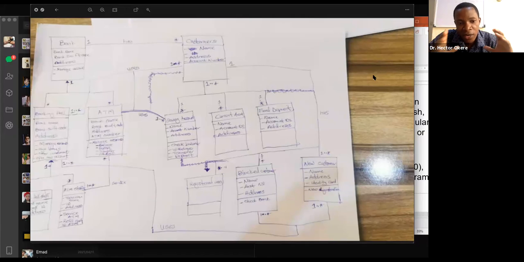I'll give you 15 minutes, just class diagram. So I really want all of you to understand the concept of class diagram before this class ends, because in your exam, you will draw a lot of diagrams, okay?